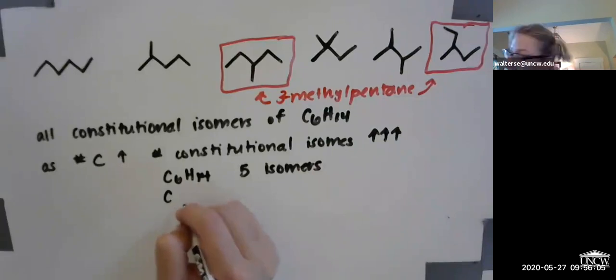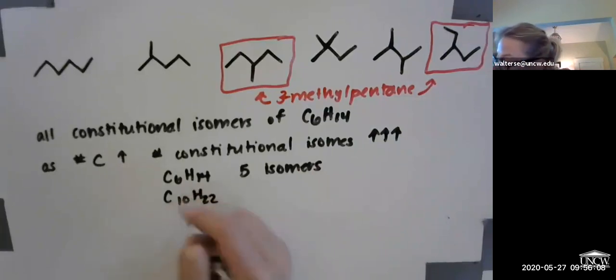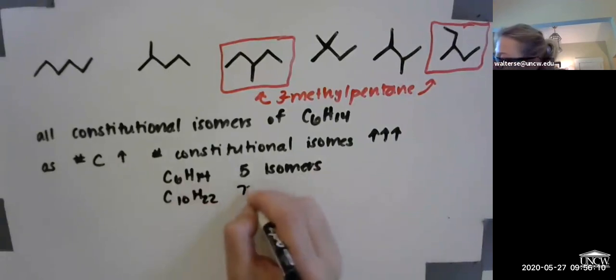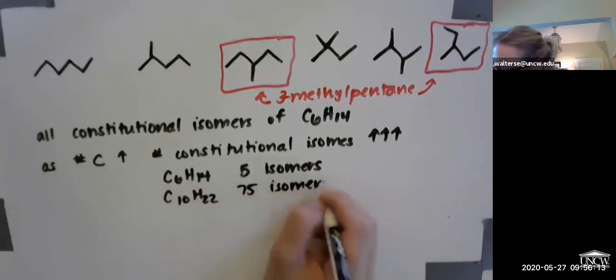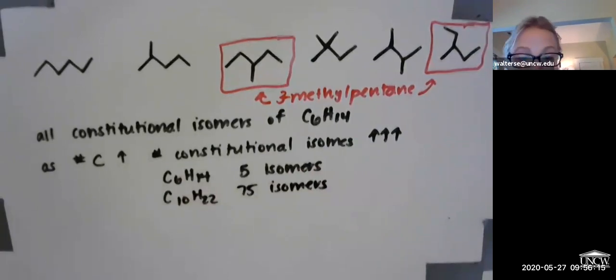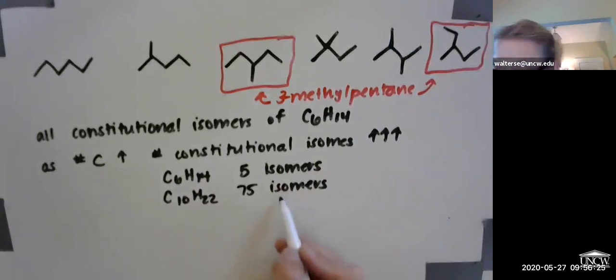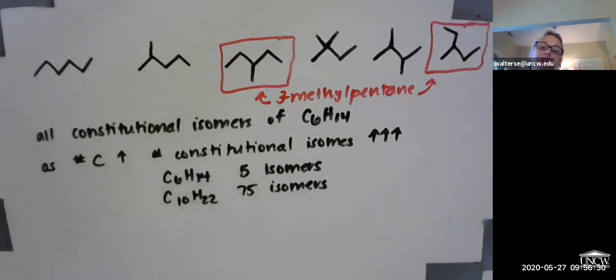Let's see, C10H22, so just increasing by 4 carbons, you end up with 75 isomers. I can promise you that I'm never ever going to ask you to draw all the isomers of a compound, because I don't want to try to find 75 different things. So if your textbook is asking you to draw all the isomers and you get like, I don't know, 6 out of 10, you're fine. Don't worry.